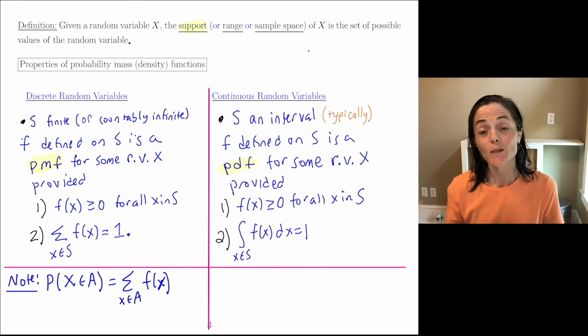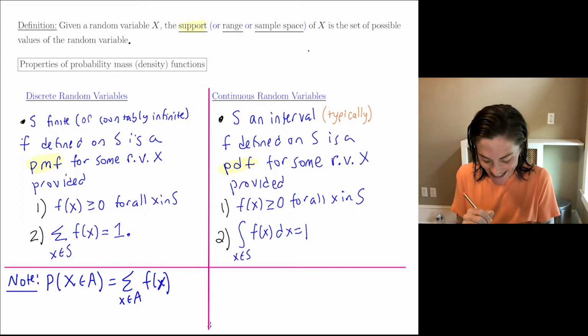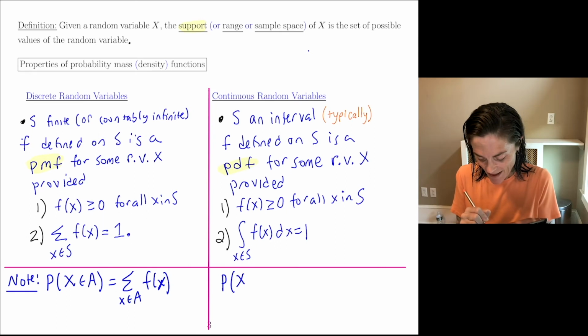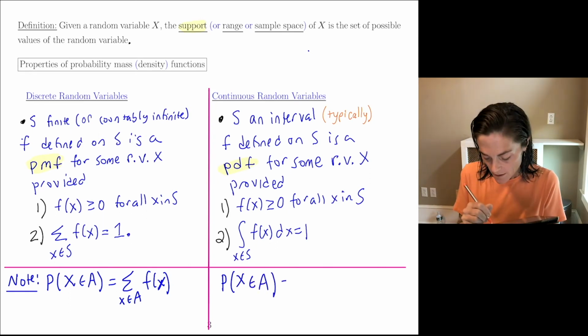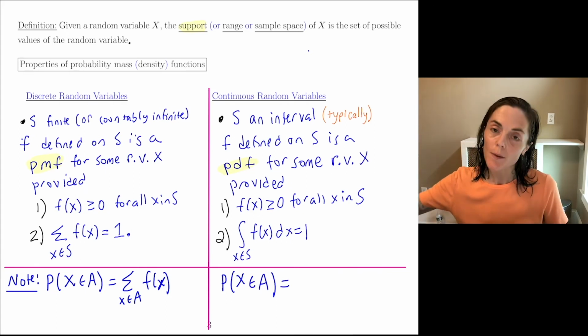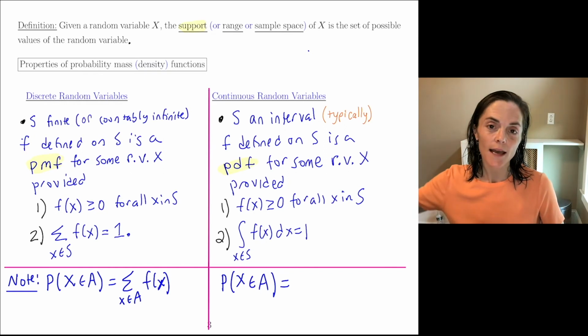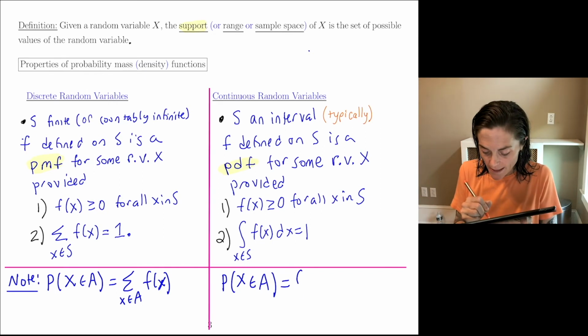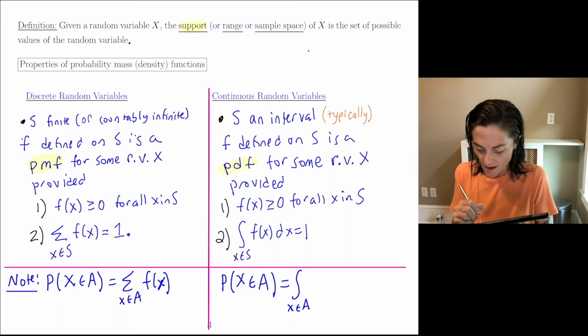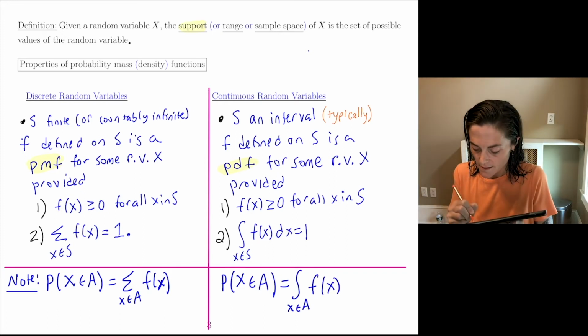Now, the corresponding probability calculation in the continuous world, and we started discussing this in the last lesson, we are not summing here. In the continuous world, probabilities are areas. And so we would integrate over all x in A of f of x dx.